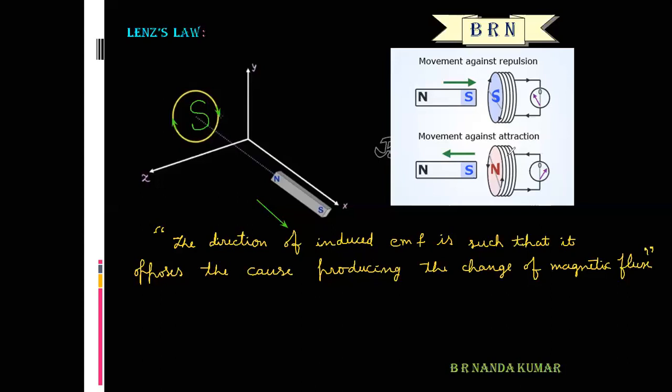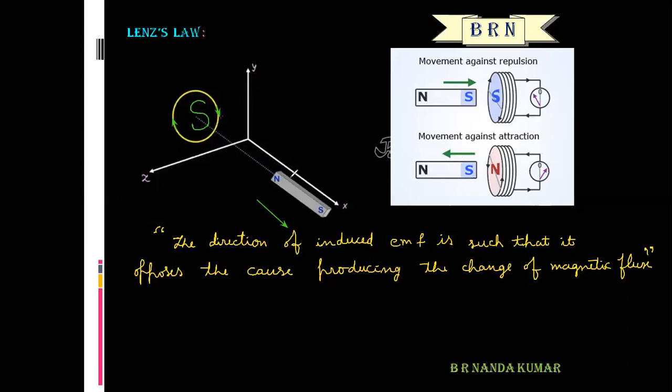Now the face of the coil behaves like a north pole, and this opposes the further change of the magnetic flux. So the direction of the induced EMF and induced current is such that it always opposes the cause producing the change of the magnetic flux.